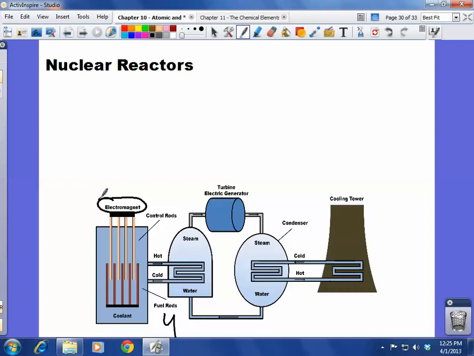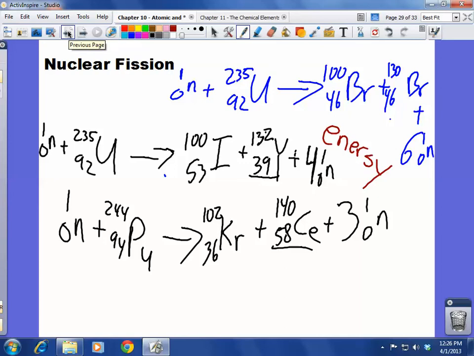Now, can anyone guess, why do you think people like nuclear power? It's somewhat clean. And I know that doesn't make sense, because when we talk about nuclear reactions, we're producing these byproducts that are radioactive. But can anyone guess that if I start with a pound of uranium, how much coal would I need to get as much energy as I get from a pound of uranium?